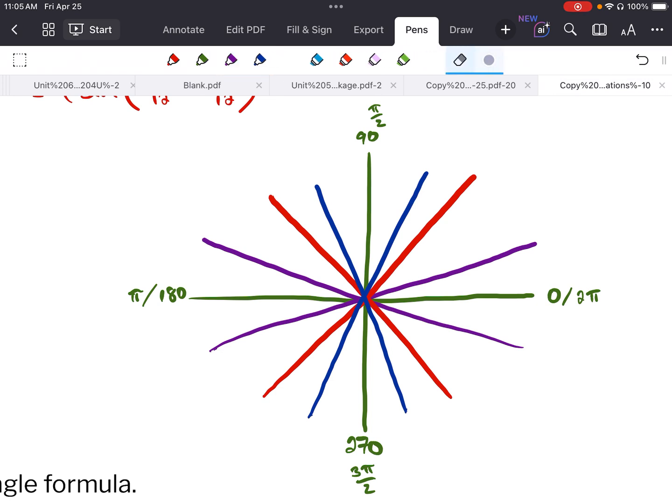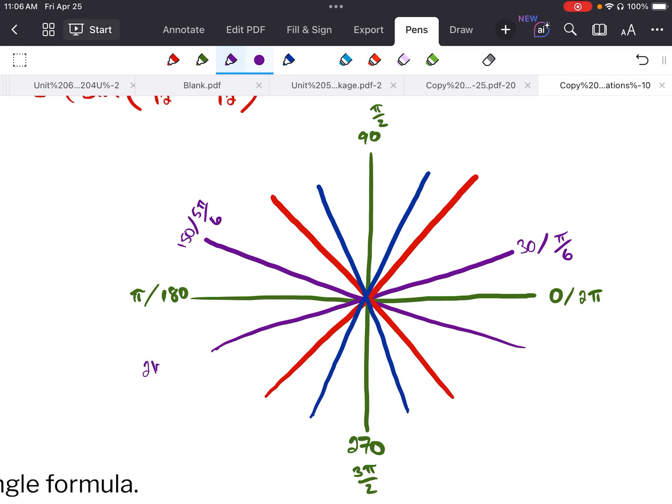Okay, the purple ones, we have our 30, or pi over 6, 150, 5 pi over 6, 210. Red is 45 or pi over 4.